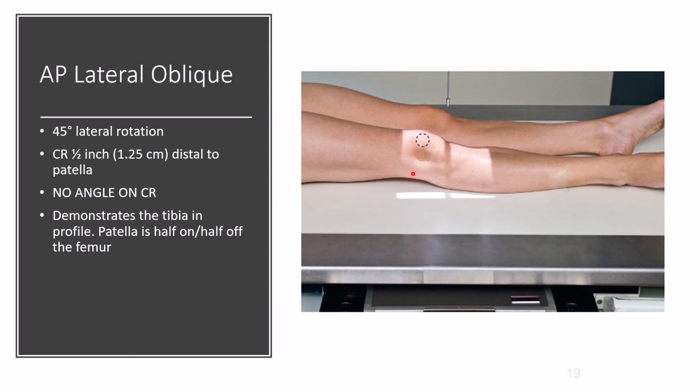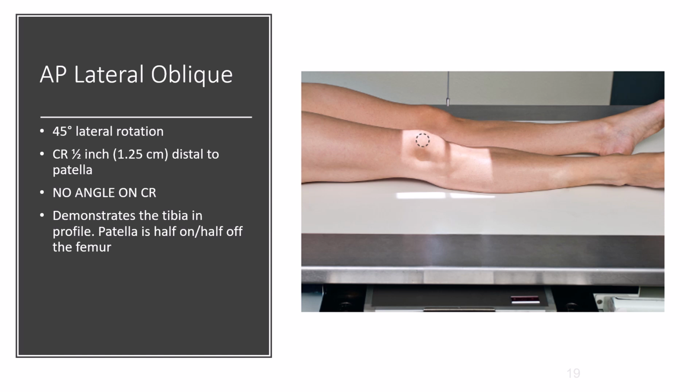Now you take the leg and rotate the entire leg 45 degrees laterally, and your central ray is 1/2 inch distal to the apex of the patella in the center of the knee. Now this collimation doesn't really look like 12 to me, but I would think it would be a little bit more open on there. Again, the tibia now for this is in profile.